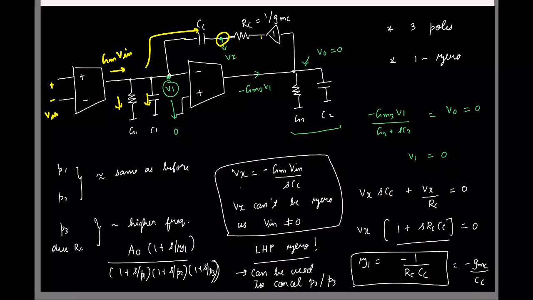Now this is all nice and good, but there is one practical issue in using this source follower because of the following. If you just have the second stage, which is a common source stage, what is the minimum output voltage we can have here? Overdrive of that NMOS, at some particular current.